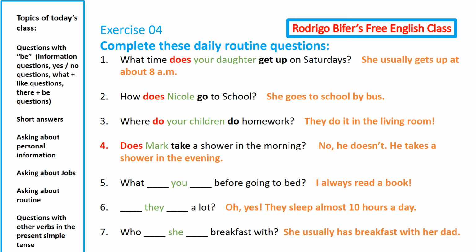And I can answer, I read a book. I don't read newspaper, I don't read a magazine, I don't read the news, I don't read anything on my phone or my tablet. I read a book. That's one solution, but I think it's more natural to ask, what do you do before going to bed?